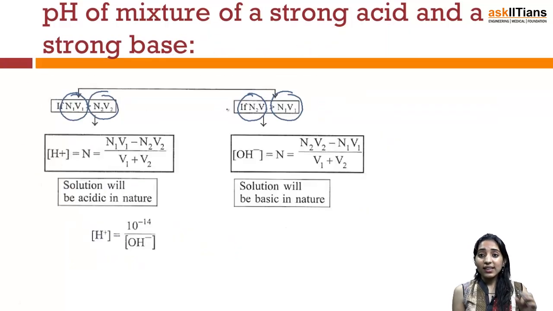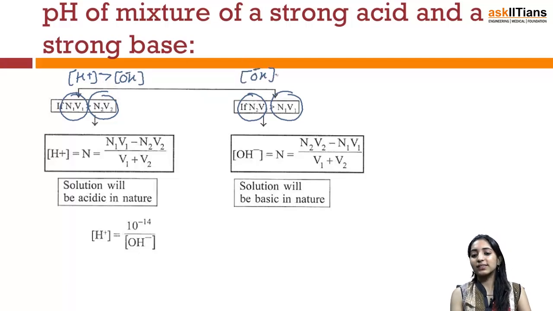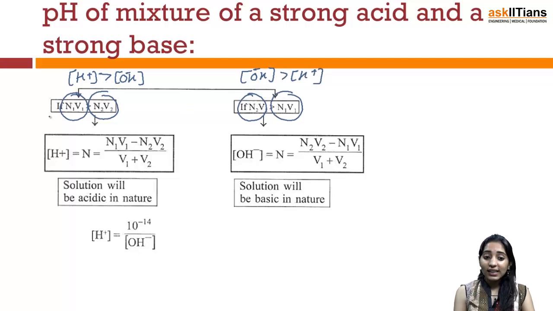Now N1 V1 is the number of moles of H positive. That means here the number of moles of H positive is found to be greater than the number of moles of OH minus, and in the other case the number of moles of OH minus is found to be greater than the number of moles of H positive. If this is the case, I will say the N2 V2 moles of OH minus will be reacting with N2 V2 moles of H positive.